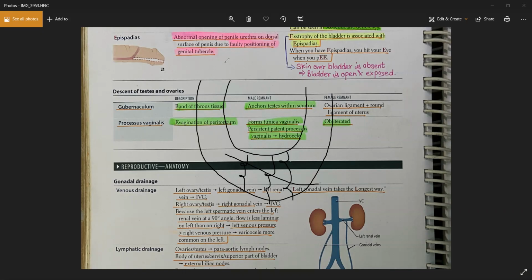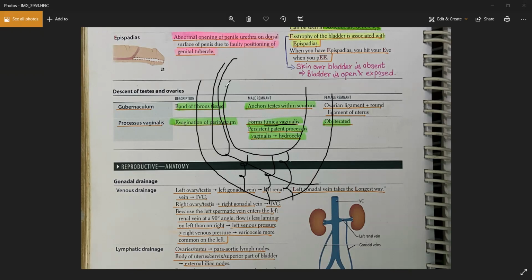So the evagination of the peritoneum covering the testes is known as the processus vaginalis. During birth, in the intrauterine part, the processus vaginalis needs to be obliterated. When it obliterates, it forms a layer known as the tunica vaginalis.